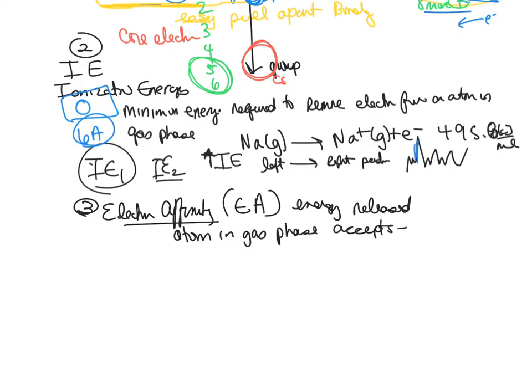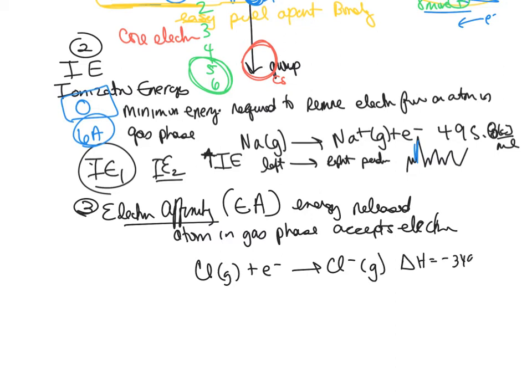So this is the opposite. If you look at chlorine gas, and it gains an electron and becomes an anion, this releases 349.0 kilojoules per mole. So this is an exothermic process.